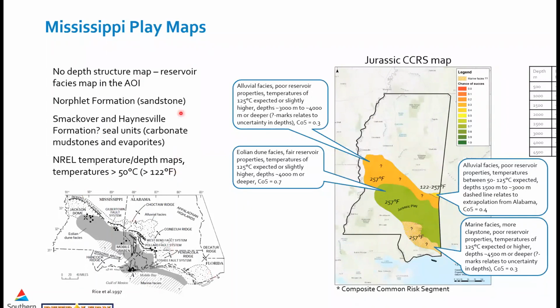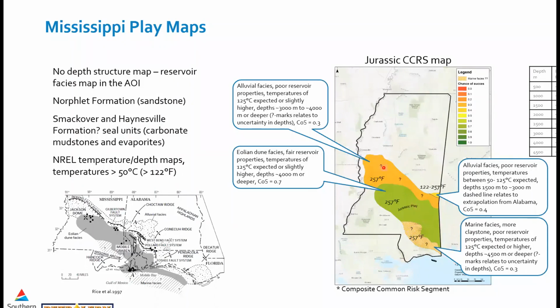We were looking at the Norphlet Formation, which is a sandstone, with the Smackover-Haynesville Formation as sealing units comprising carbonate, mudstones, and evaporites. As I said, the temperatures are quite good here, or at least they are higher than 50 degrees Celsius. And the depths are definitely also deeper than the 3,000 meters of the NREL maps.